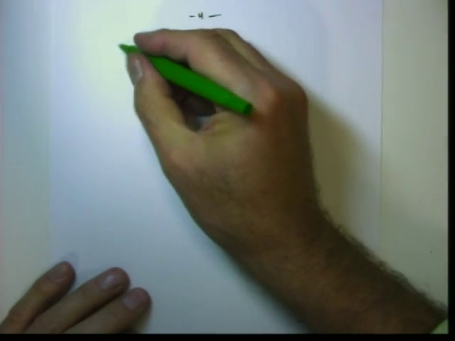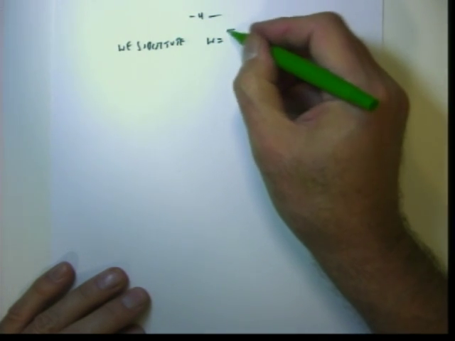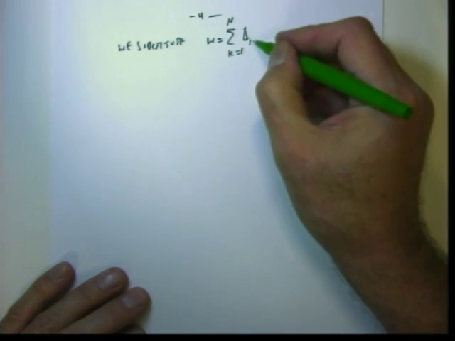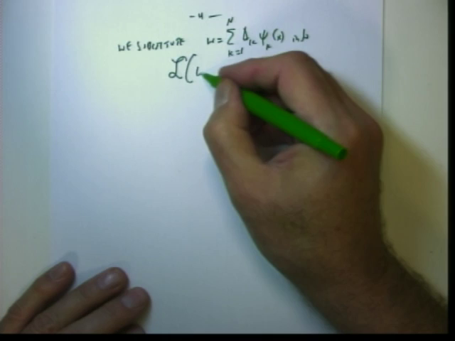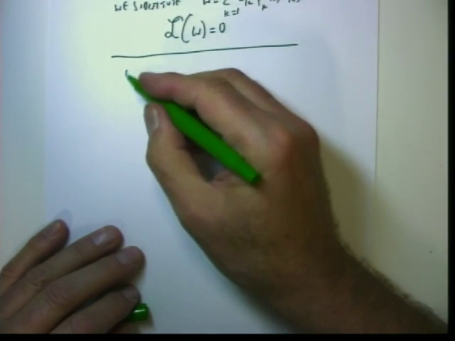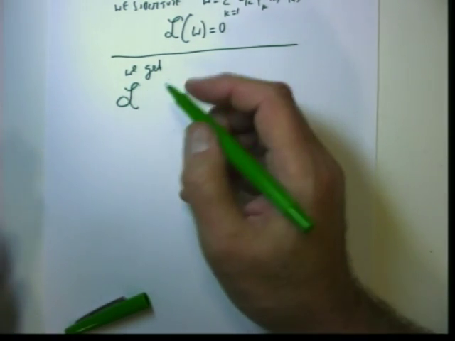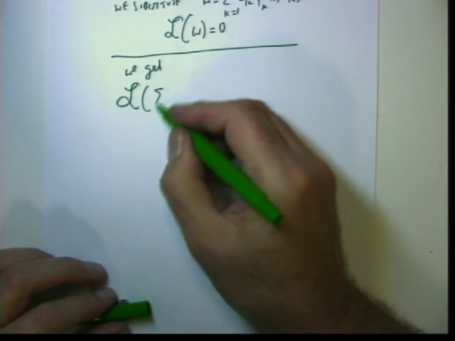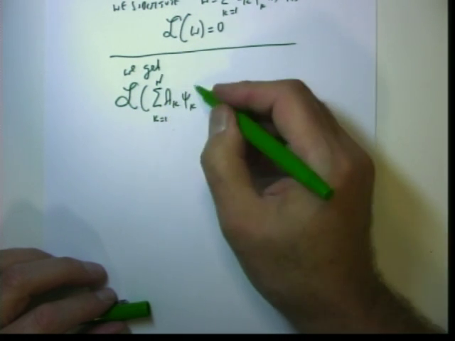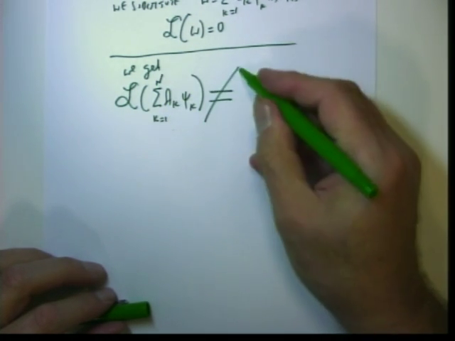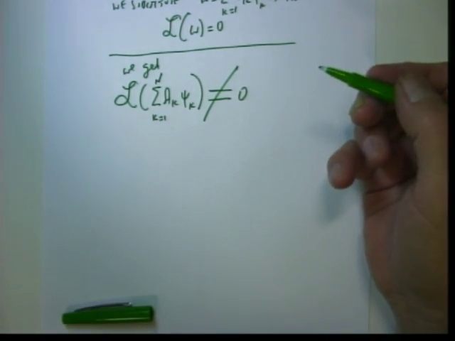We substitute this w equals the sum from k equals 1 to n of a_k psi_k of x into L of w equals 0. We get L, and this is not Laplace transform, this is some Gothic L I'm using, of the summation a_k psi_k, k from 1 to n, which naturally is not 0. Because if it was 0, then I solved the problem and I don't need to do anything.